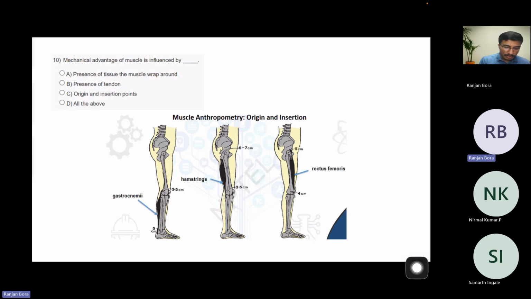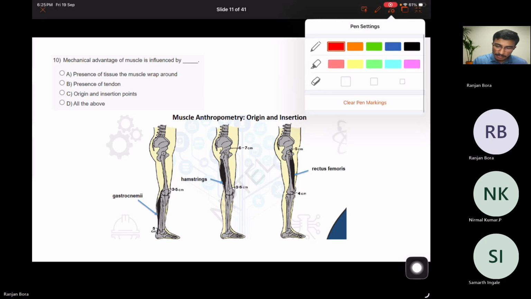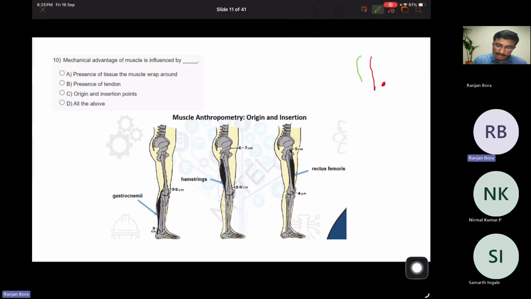What will happen if we get more moment arm? Consider this joint with one muscle here and another muscle here. For the first muscle the moment arm is A, and for the second muscle the moment arm is B.